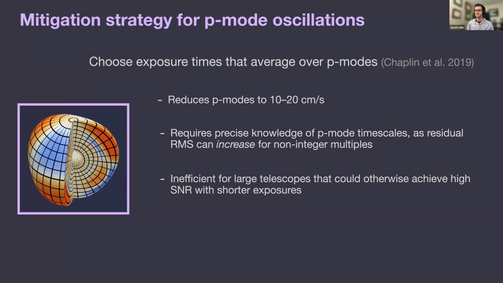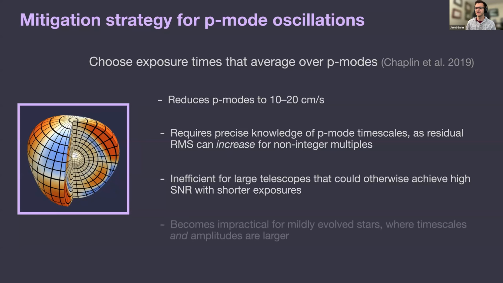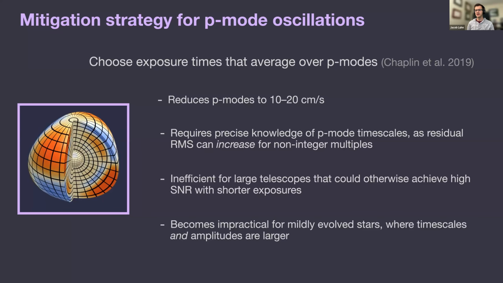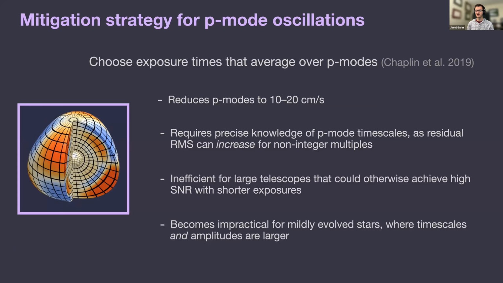And these are telescopes that could otherwise achieve high signal to noise with much shorter exposures. And lastly, less related to EPRVs, but still important, this method becomes impractical for mildly or any evolved star, where these timescales and amplitudes of p-mode oscillations are much larger.